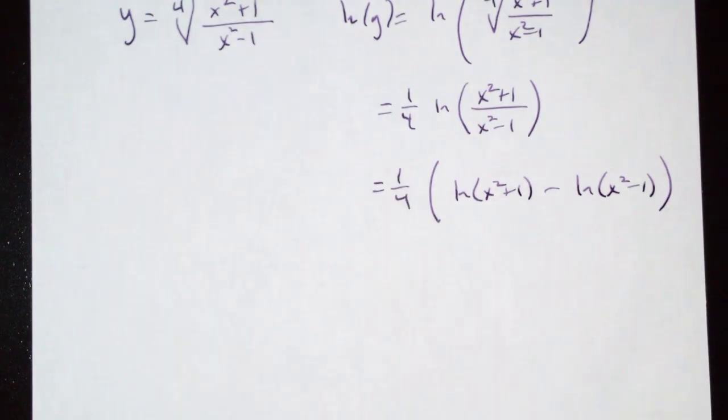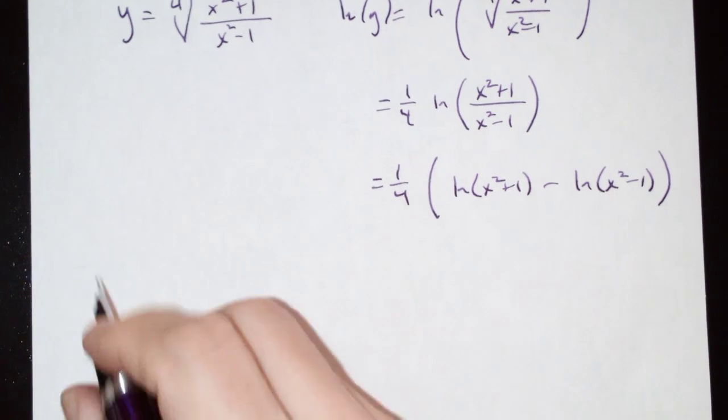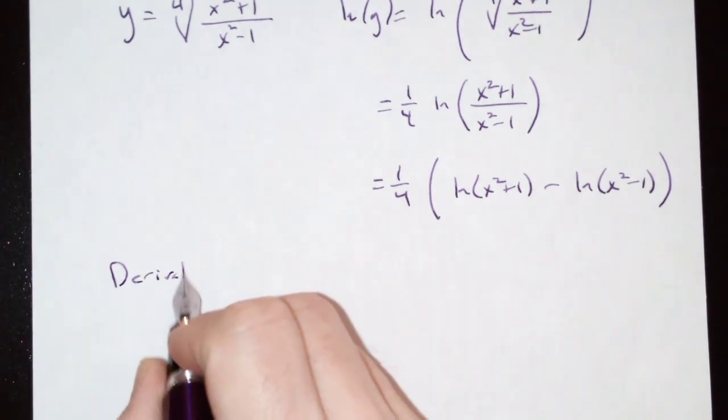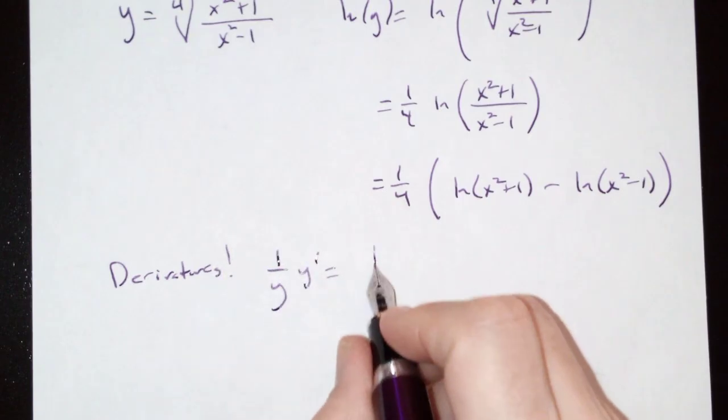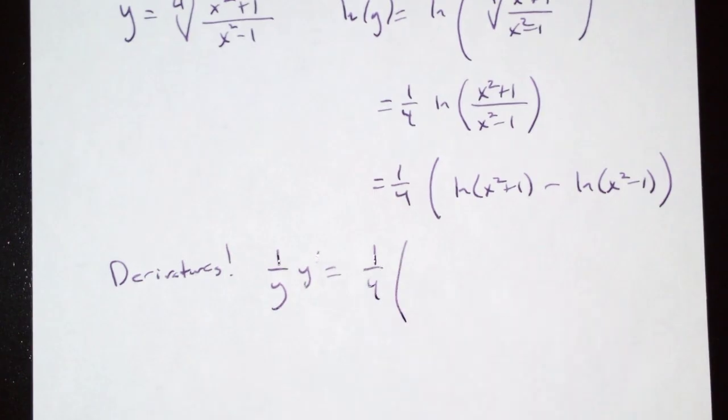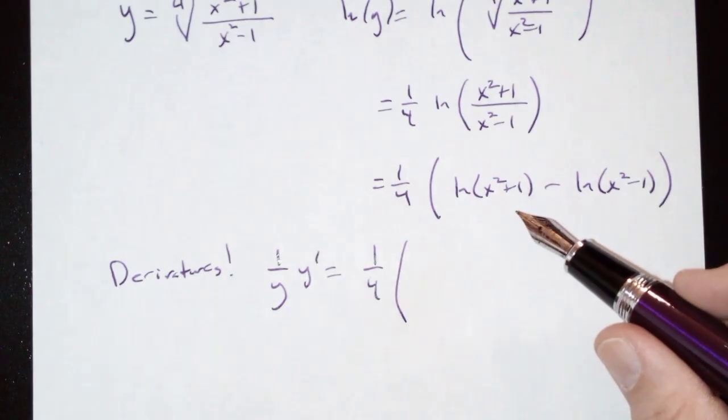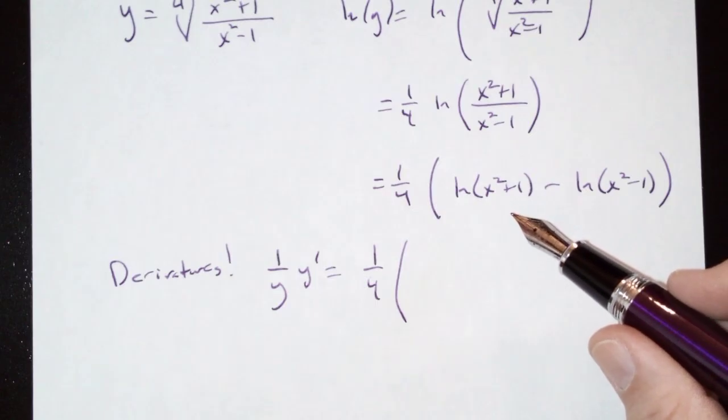If I want to take the derivative on the right, those are chain rules. The derivative of ln of x squared plus 1. What's the derivative of ln of x squared plus 1? ln of stuff.